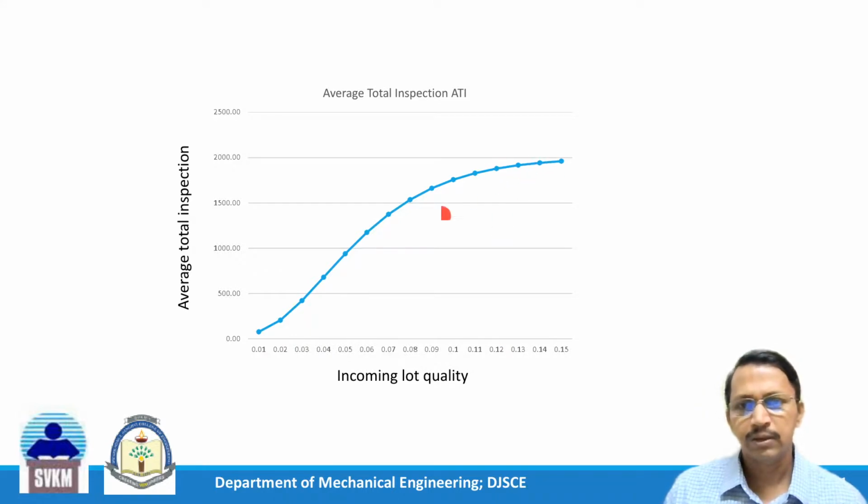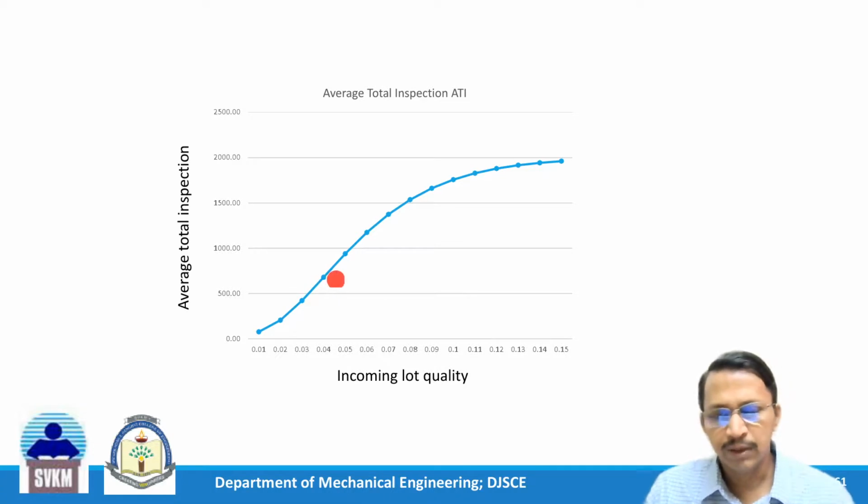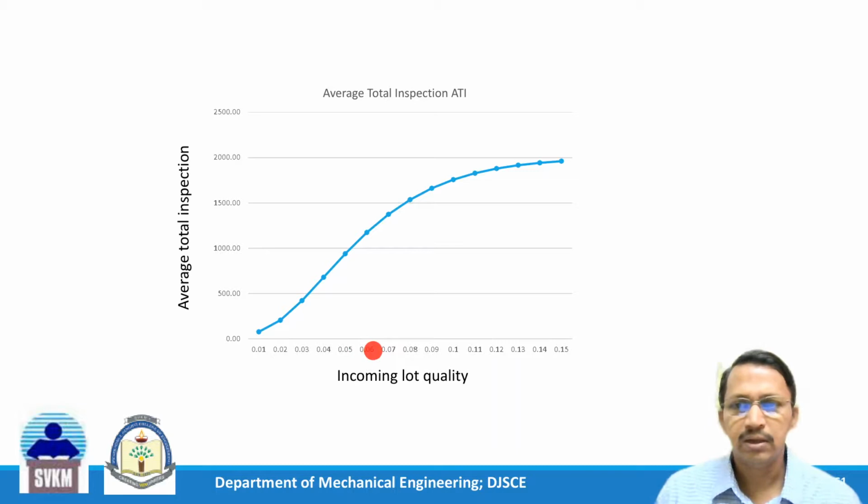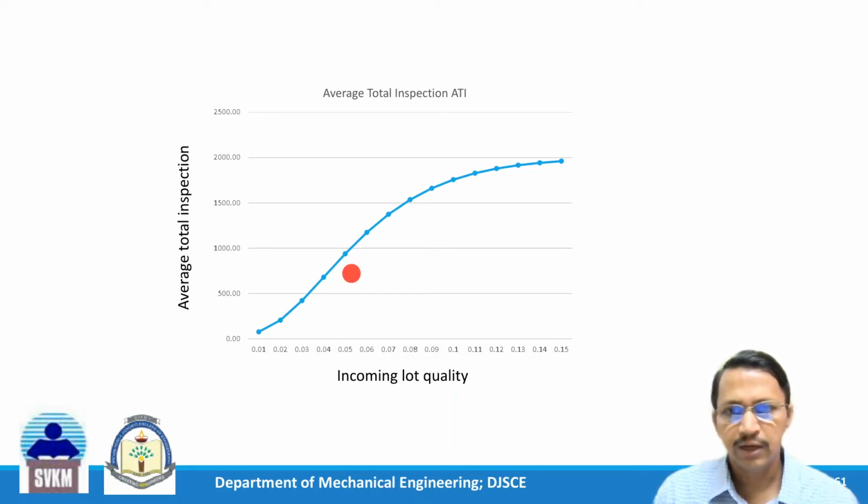It is different from average outgoing quality. Average outgoing quality will be less compared to this at the ends, but here there is no other end, the other end is only at the higher side. For inferior lots, more pieces need to be inspected.